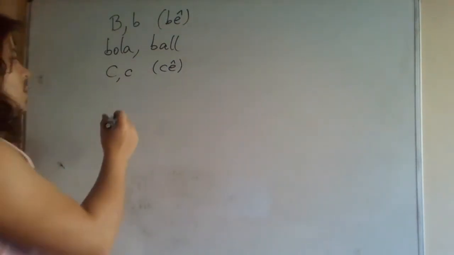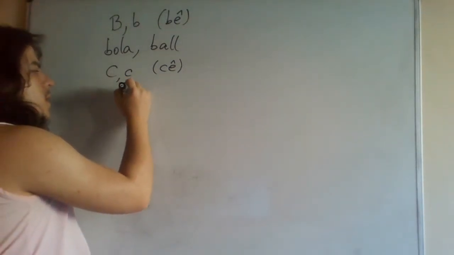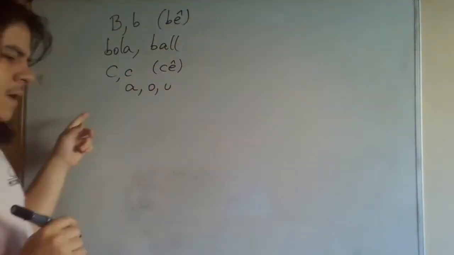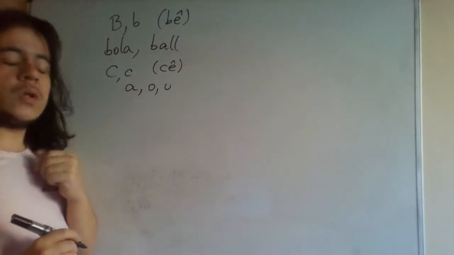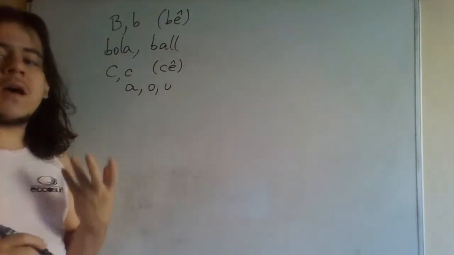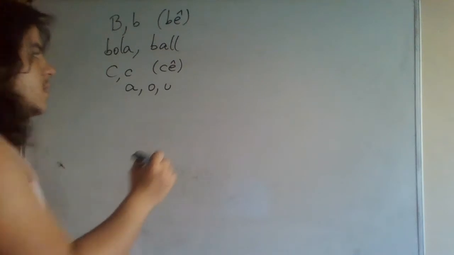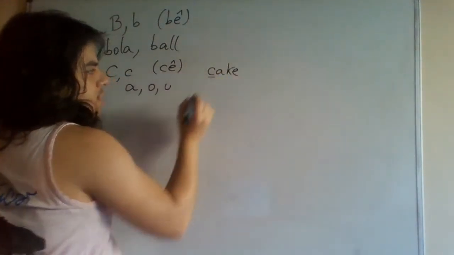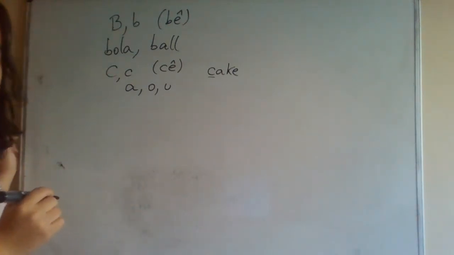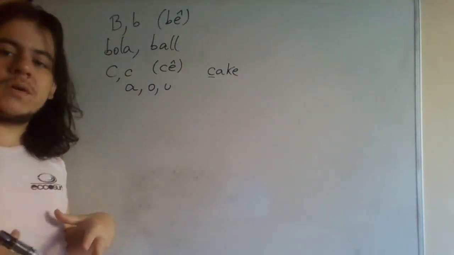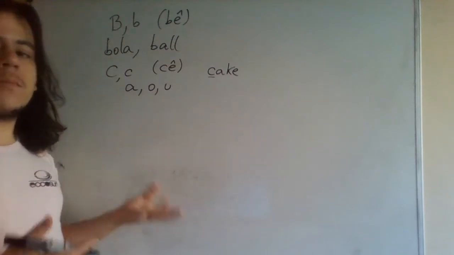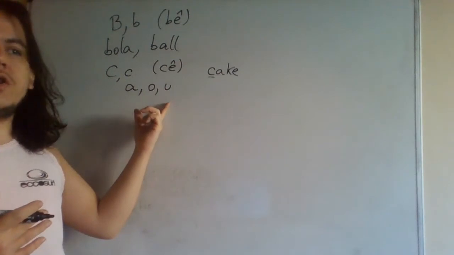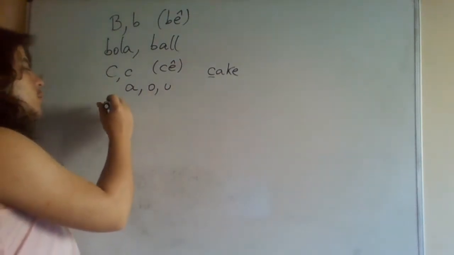So before the vowels A, O, and U, the letter C will have a similar sound to letter C in cake, for example. So this sound here in cake will be the same sound in Portuguese when letter C comes before vowels A, O, or U.